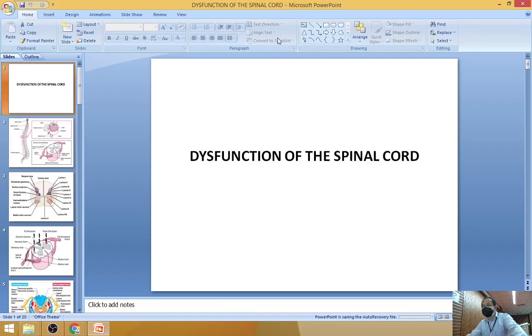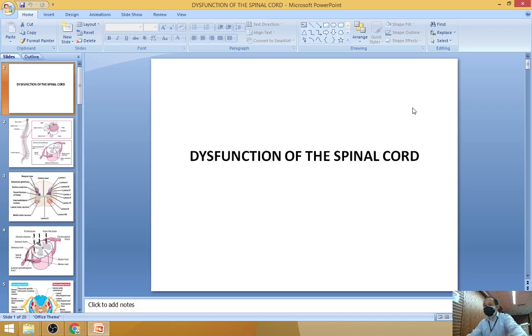So these are all lesions that result in dysfunction of the spinal cord. In these two classes I've been able to discuss various causes of spinal cord dysfunction and the features you may see in the different types.